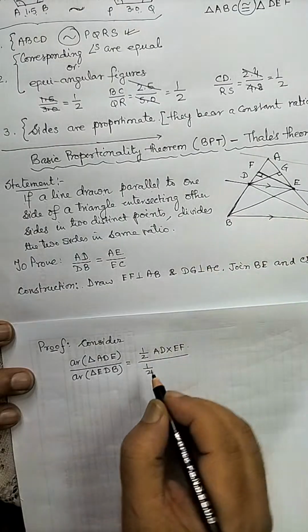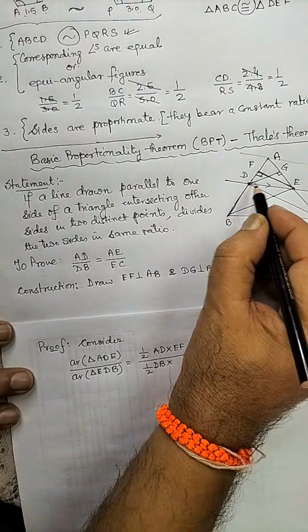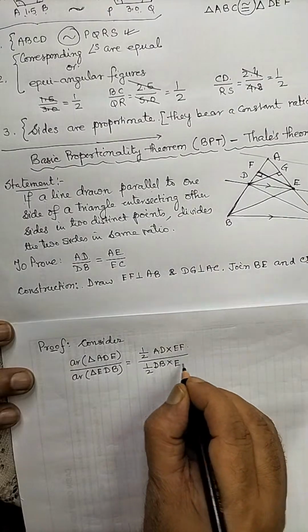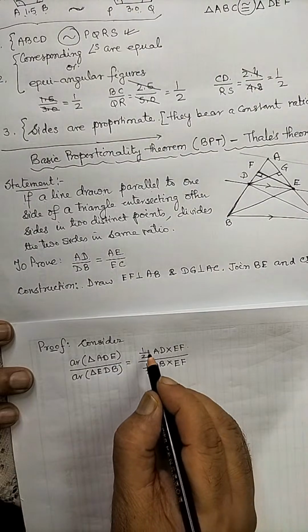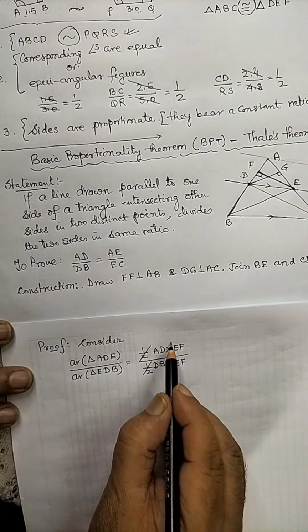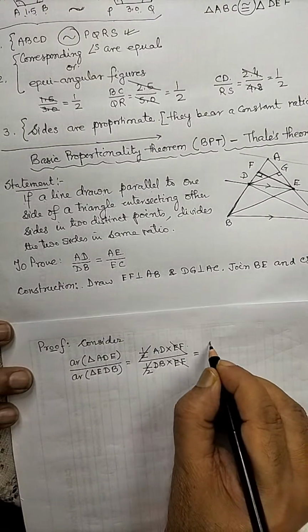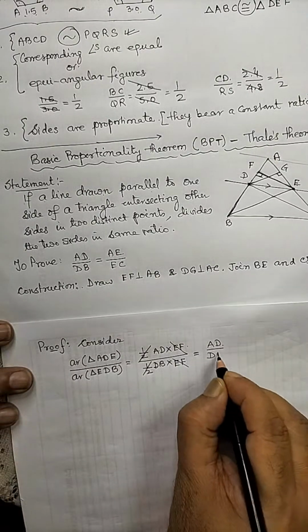Base is DB, and height is same EF. Fine. Let us just simplify it. Half and half will cancel. EF and EF will cancel, and we are with AD upon DB.